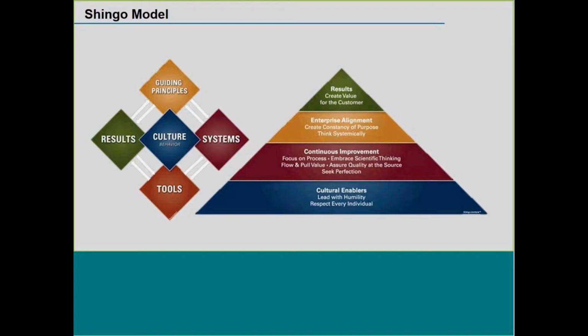Let's briefly review the Shingo model. The Shingo model is a lean mindset that's been installed within companies that are trying to get lean. What it really does is it seeks to build the cultural enablers within an organization. If you're curious who the cultural enablers are, it's you, the person listening to this video.